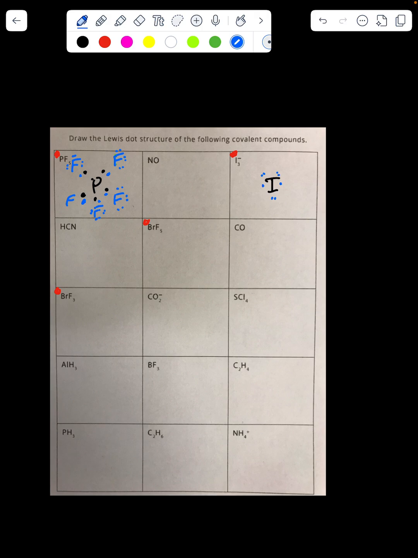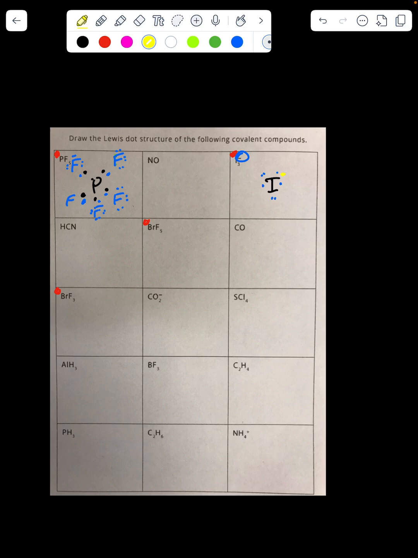Okay. And in this situation, here's our 6. See this negative though? Because of this negative, I can put that extra electron there.